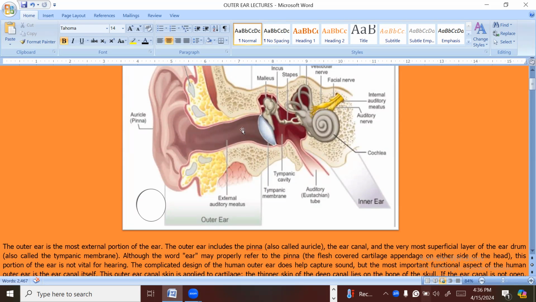and includes the external auditory meatus, or external auditory canal, as the major part of the outer ear.